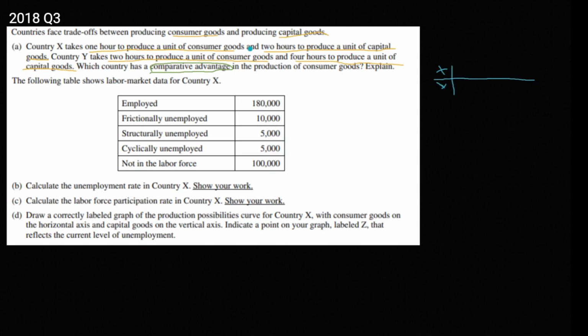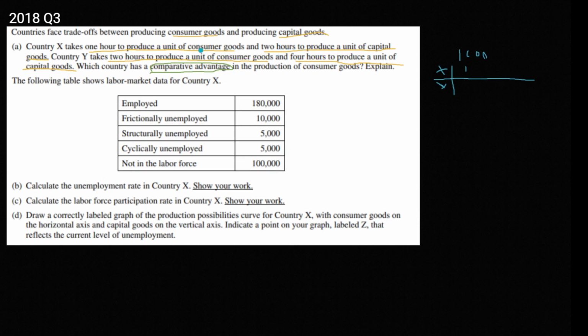So, we could say, let's try and do this in terms of consumer goods. So, let's write one consumer good. 1 unit of consumer good is 1 hour for X. Very cool.